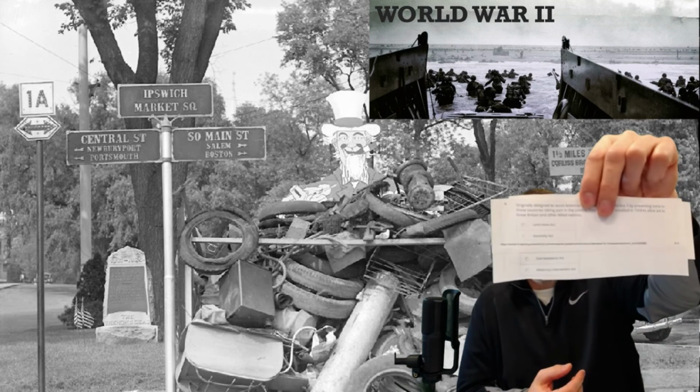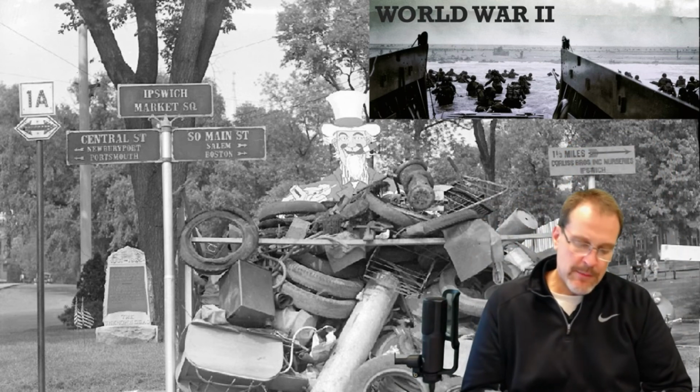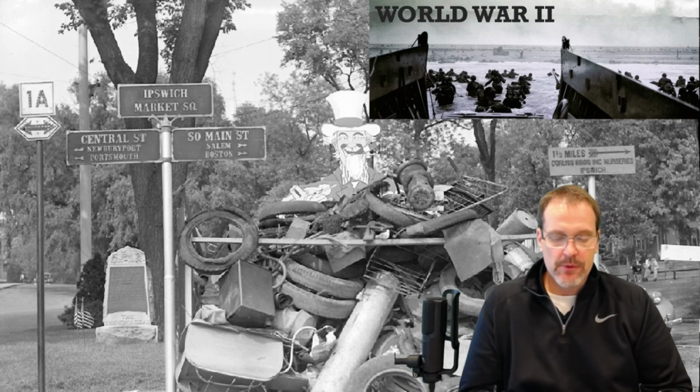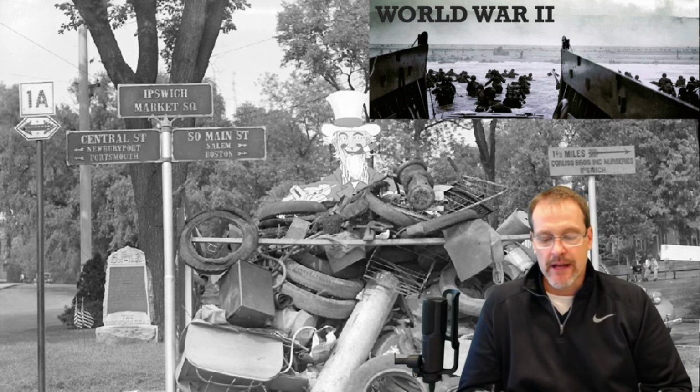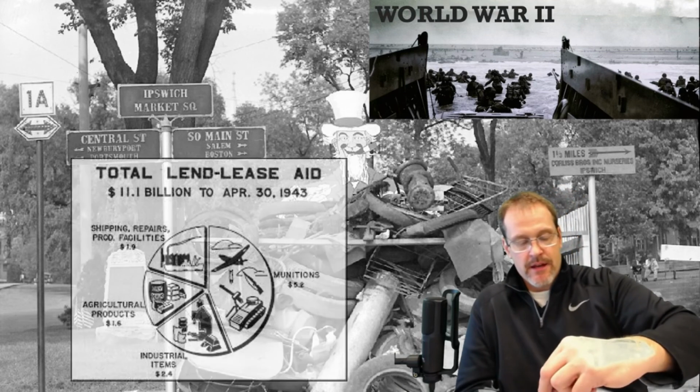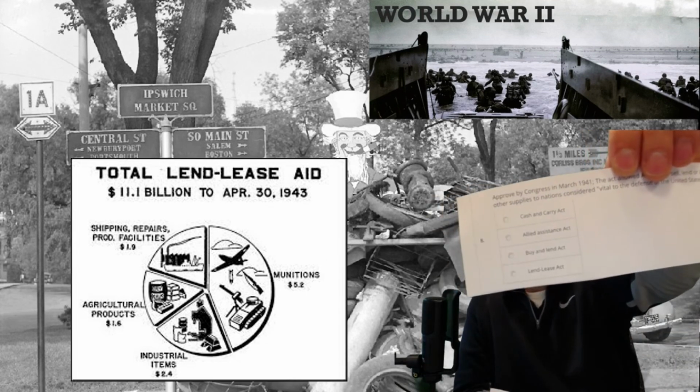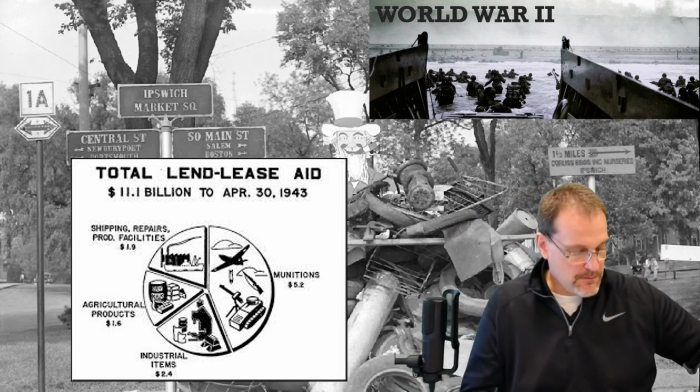Next items here in these two slips talk about acts of Congress. For example, in March of 1941, this act allowed America to sell, lend, or lease arms or other supplies to nations considered vital to the defense of the United States. That is what we call lend-lease, and that affected primarily the British.